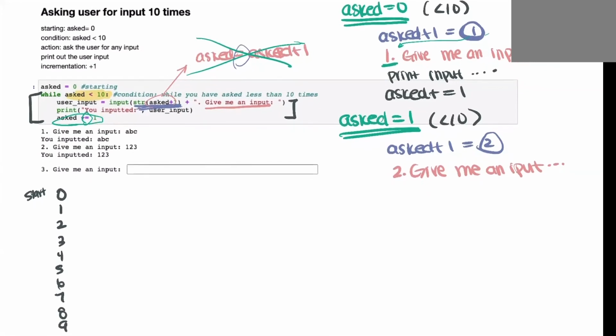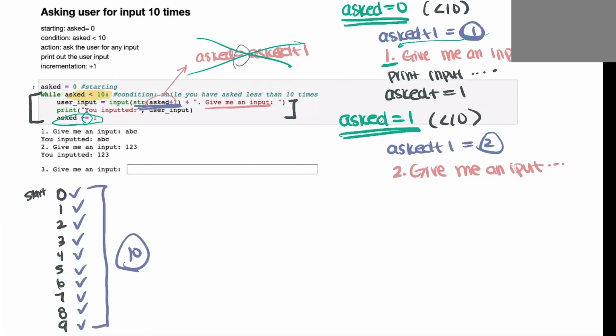These are the values that asked will become as it's printing. So if we actually count the number of times it will run, 1, 2, 3, 4, 5, 6, 7, 8, 9, 10. This will actually run 10 times because you're doing 0 through 9 inclusive.